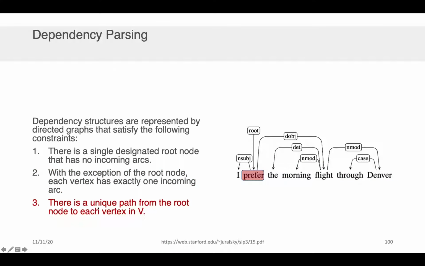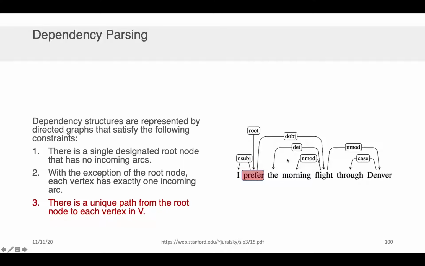And the third is that there's a unique path from the root node to each vertex in V. What that means is that I have to be able to move from this root, prefer, and traverse the structure so I can get to any other word.